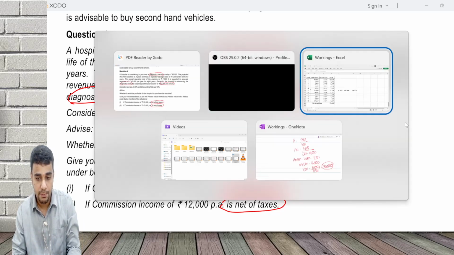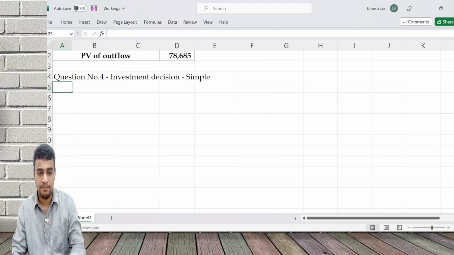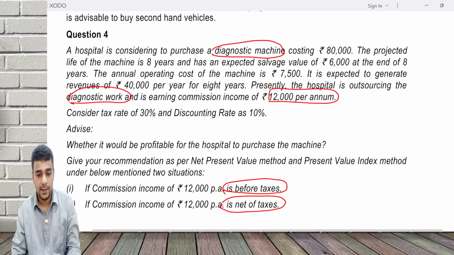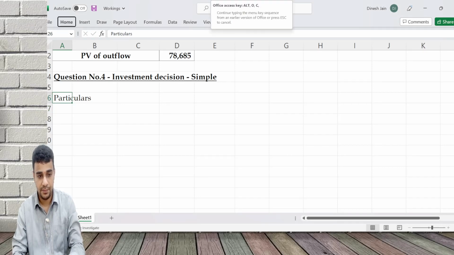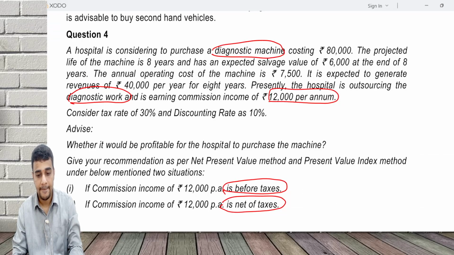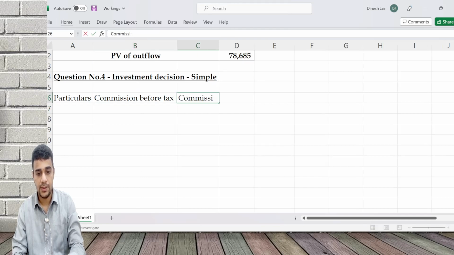Working note 1, in-between flow. Okay, question 4, this is on investment decision. The second question which has come from investment decision, kind of simple, nothing much is there in the question. Particulars: commission before tax and commission after tax. 12,000 is the opportunity cost.